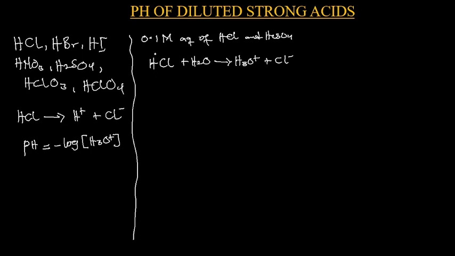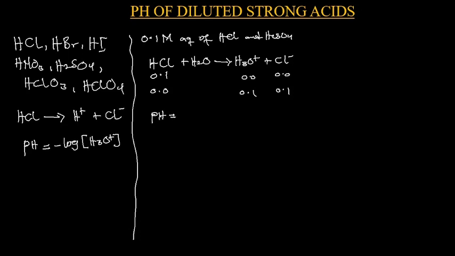Now, initially, we're going to be having a concentration of HCl to be 0.1, while we have none of this in solution. By the time everything dissociates, there will be none of HCl left in the solution. Everything is going to dissociate, giving us equal concentration, 0.1, of H3O+ and 0.1 of Cl-. So what will be the pH of this solution?